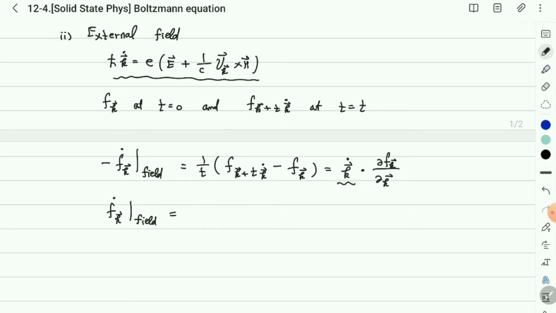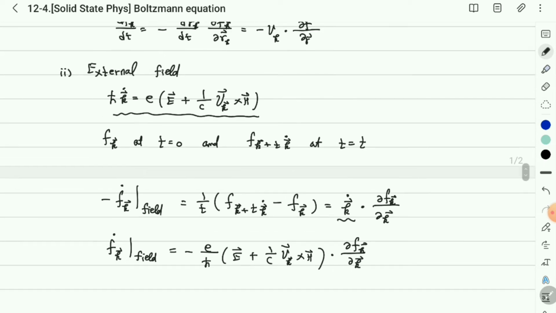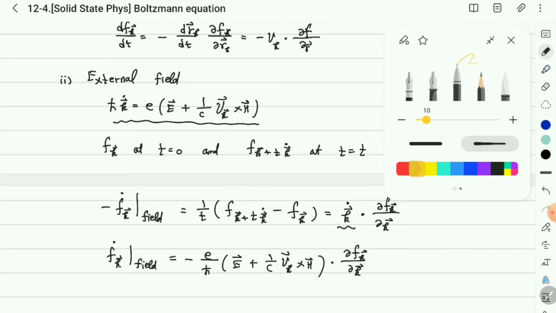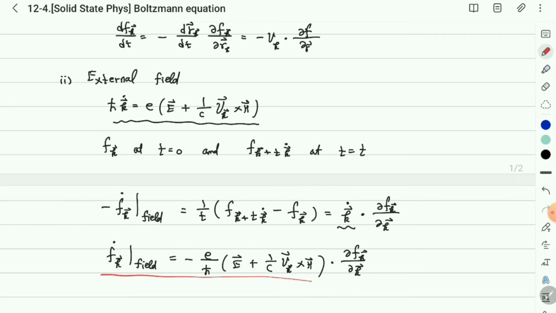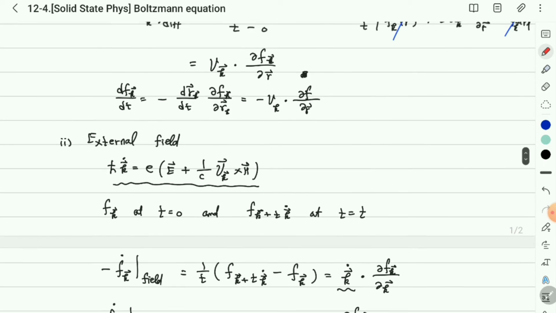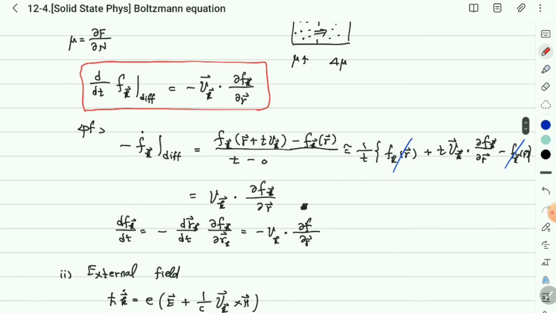This is the Lorentz force, minus e over ħ times the electric field plus 1 over c v_k cross H, and also dot partial f_k partial k. This one is the external field case. Let's consider this is the external force, and this one is for diffusion.